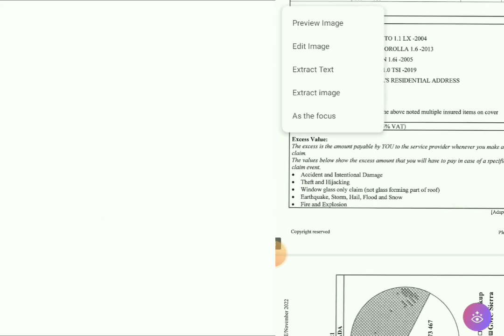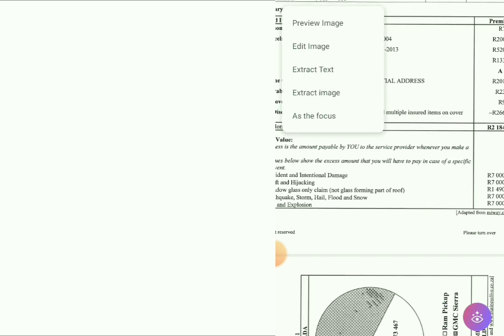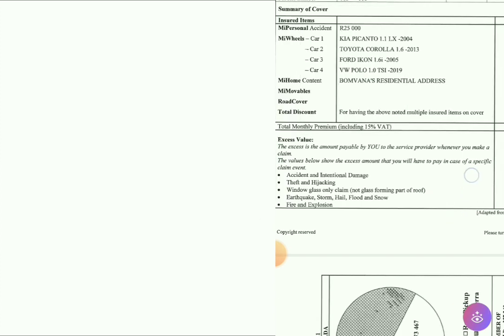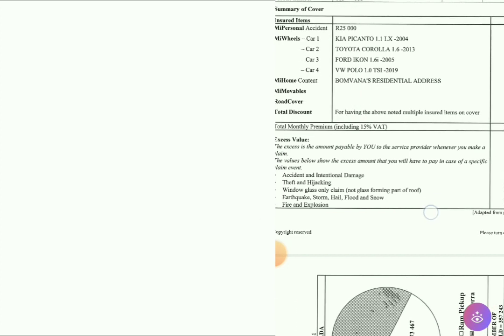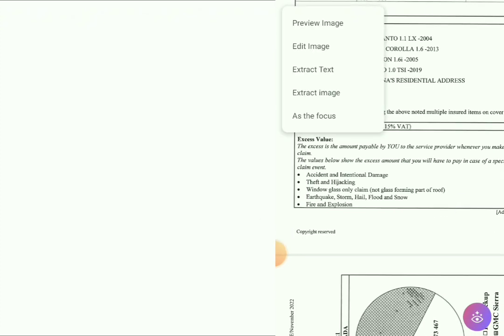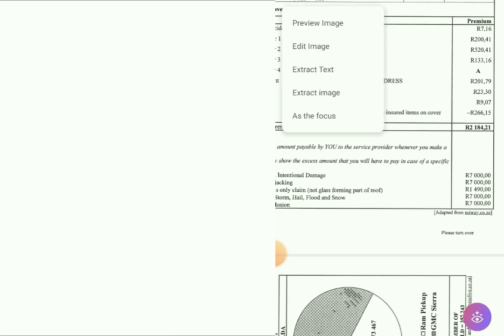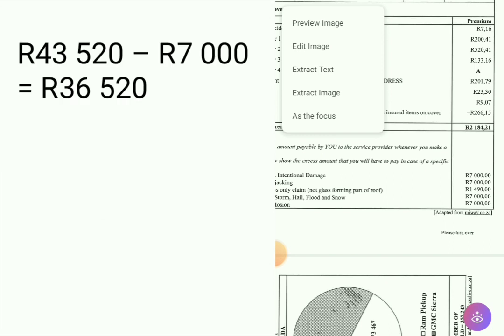Let's first read here so that you can understand. The values below show the excess amount that you will have to pay in case of a specific claim event. Accident and intentional damage is actually 7,000. So what we do here, we say 43,520 minus 7,000, which equals 36,520 rand. That's the answer.